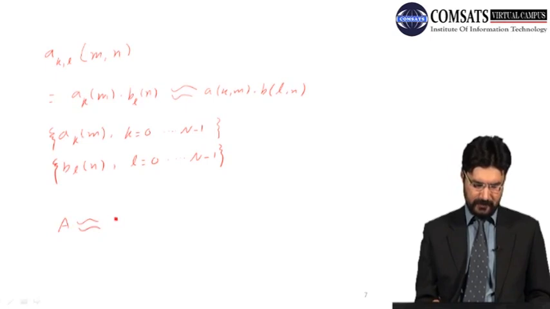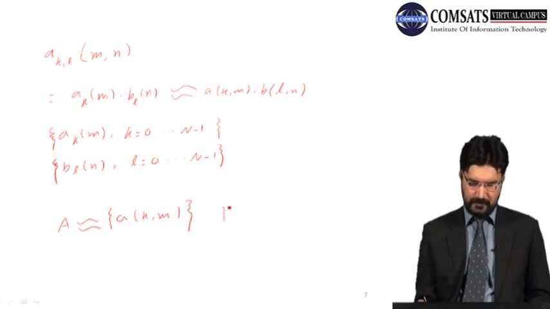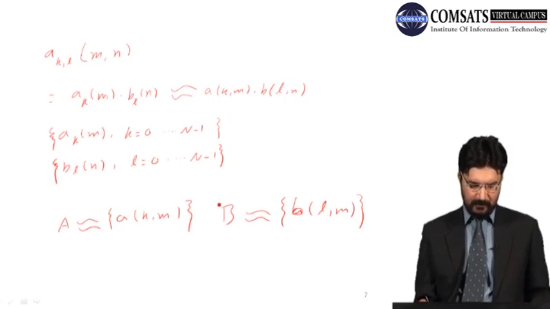So this should be a unitary matrix, and also B. So now we are going to see next how the separable transformation helps us to reduce the computational complexity.